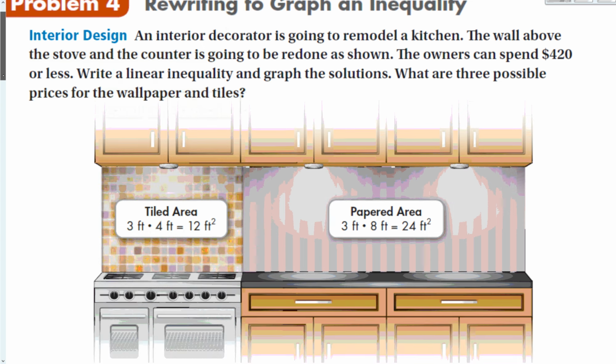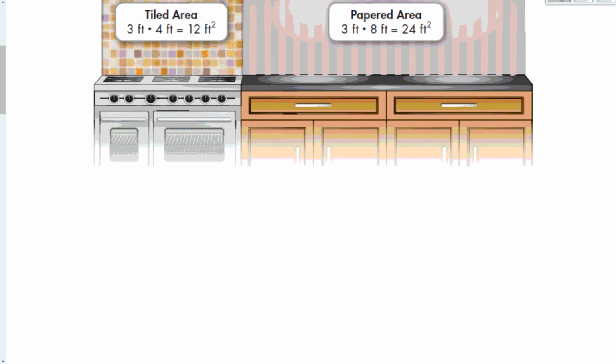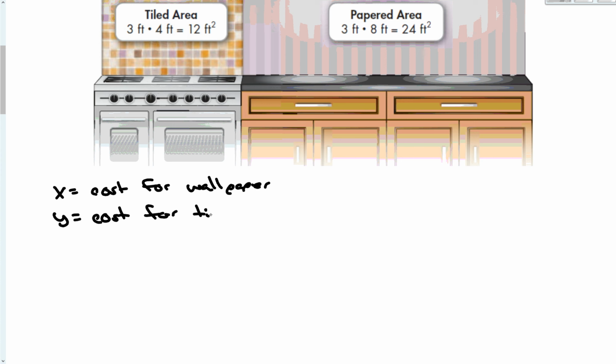Well, first, we're going to need to make an equation. So let x equal the cost for wallpaper, and let y be the cost for the tile. Okay.